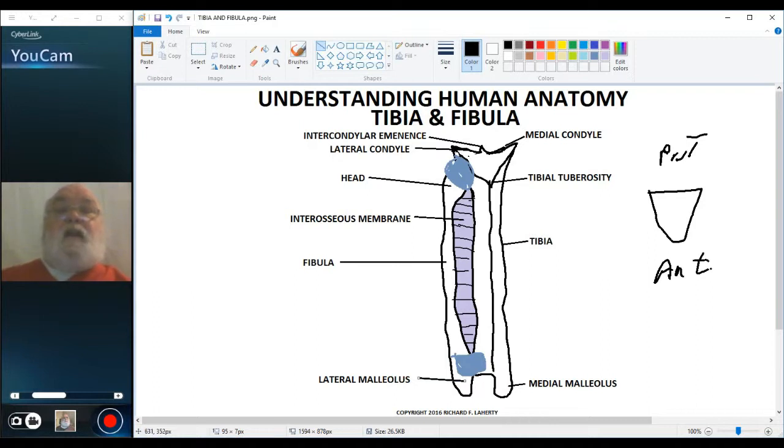So fibula on the lateral side, tibia on the medial side, and again the tibia is a triangular shaped bone, so its anterior surface is two-sided, a medial and lateral side, providing quite a bit of area for muscle attachment.